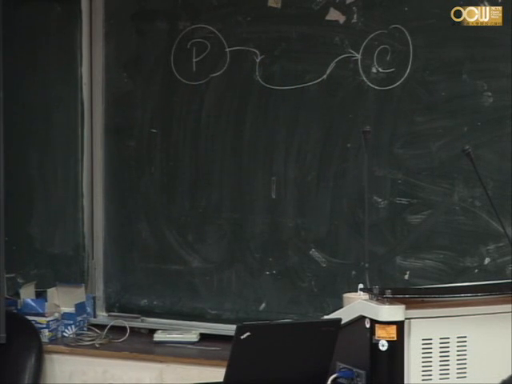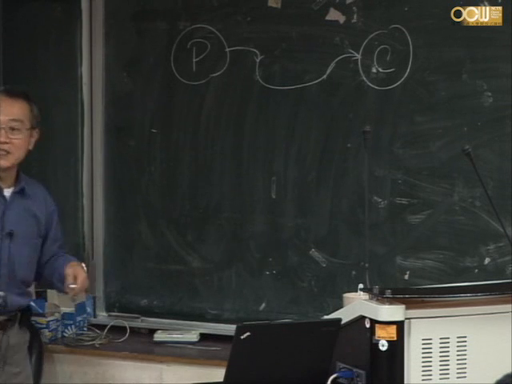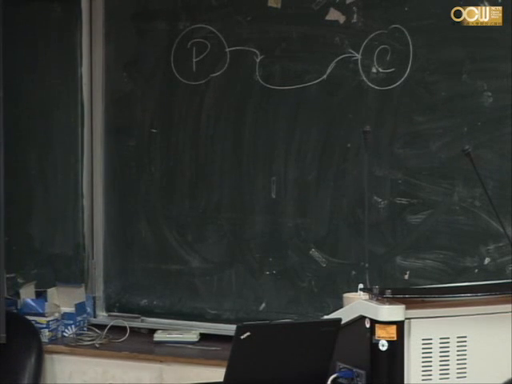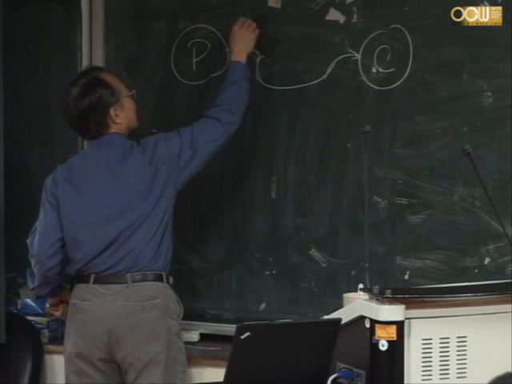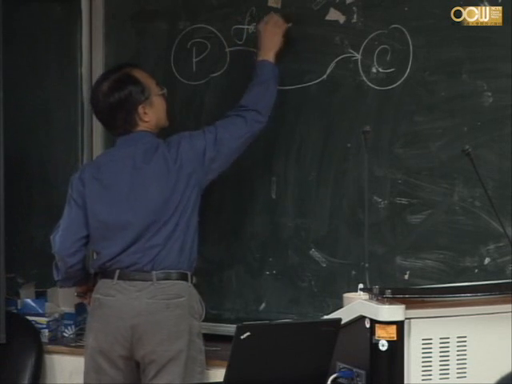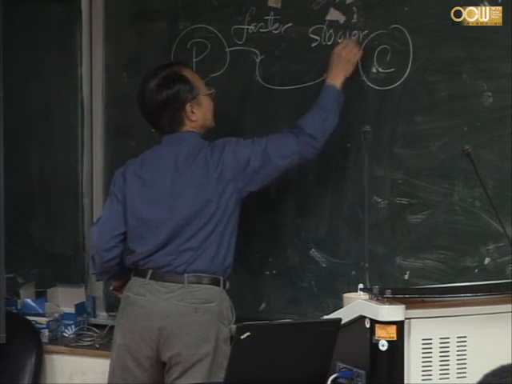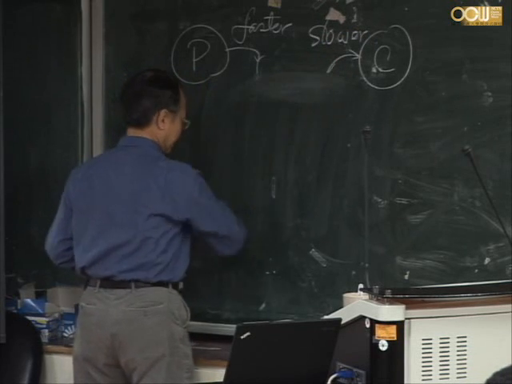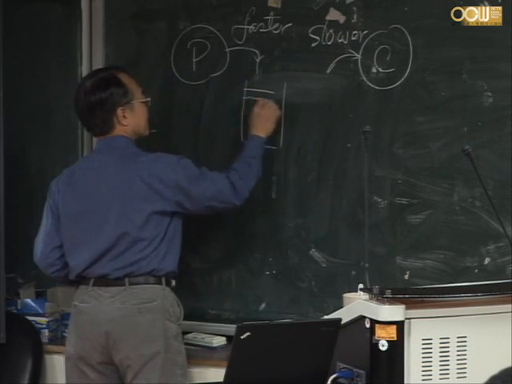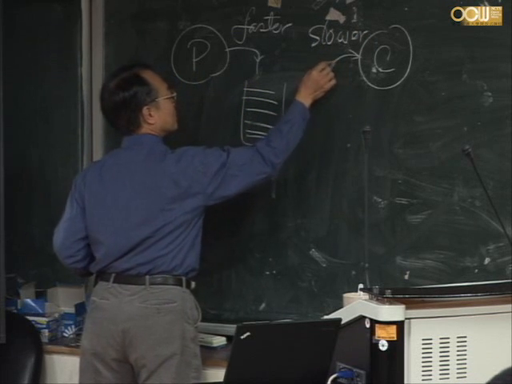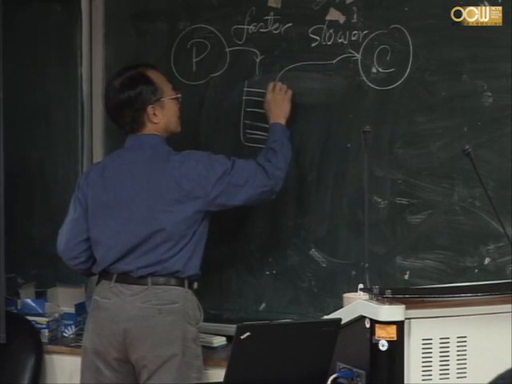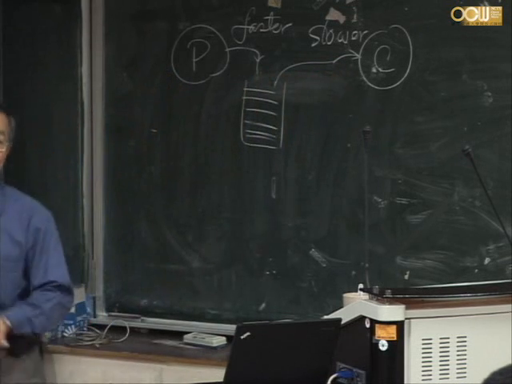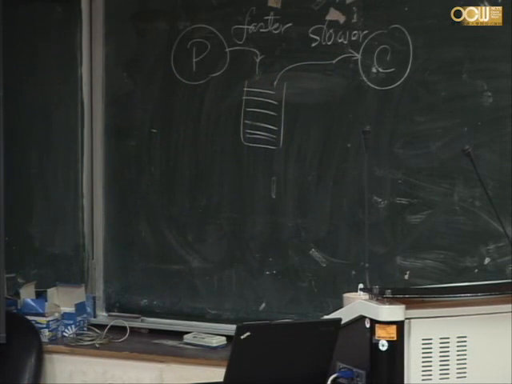However, if my producer can produce results faster than the consumer, what should I do? Use a buffer? Okay, so this is faster, this is slower. And then you say, put it in the buffer, and let the consumer pick the results up out of the buffer. Is that right? Any objection?